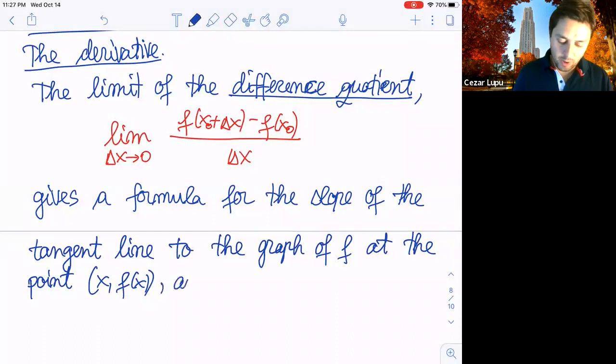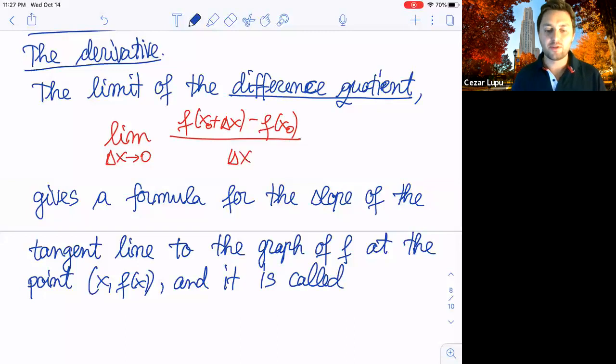And it is called nothing else than just the derivative of f.